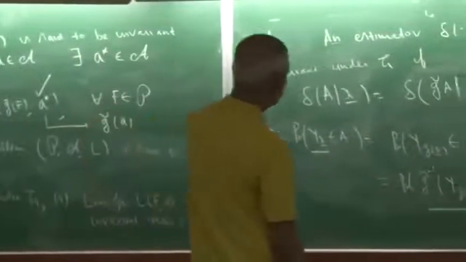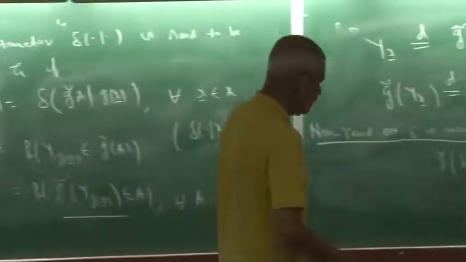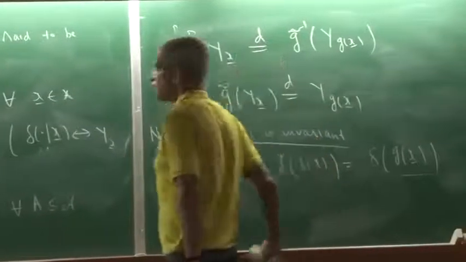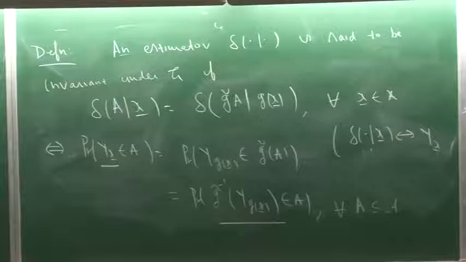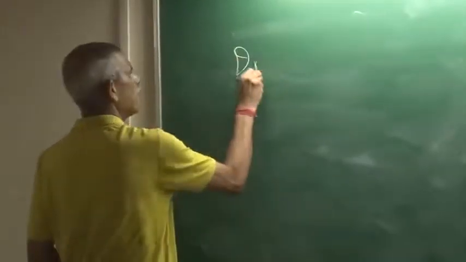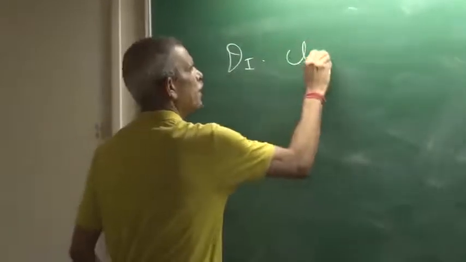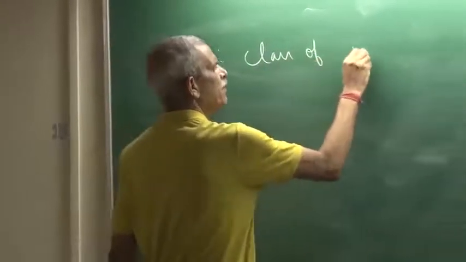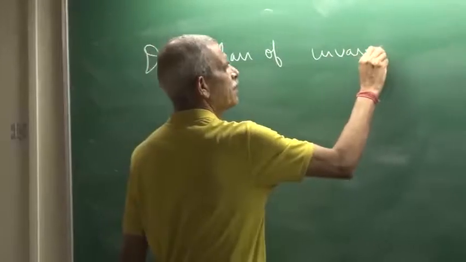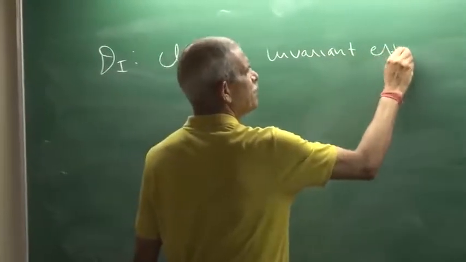So this gives you the problem of invariant decision rules. My principle of invariance says that I should restrict only to invariant decision rules. So let's denote by D_I the class of invariant estimators.